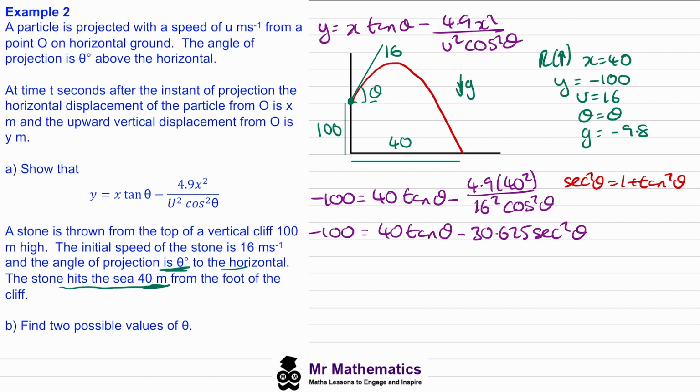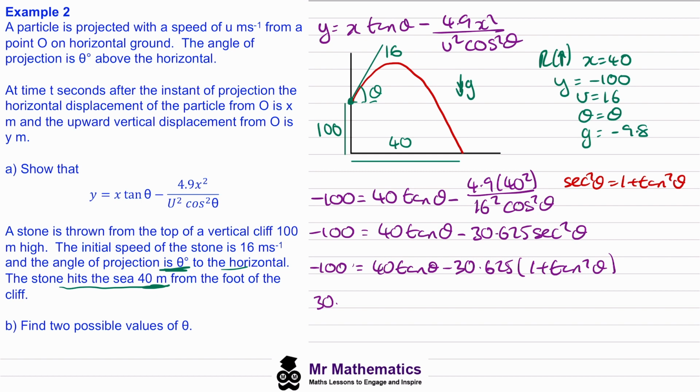And then I can substitute this in place of this. So then we've got a quadratic involving tan. So negative 100 will equal 40 tan theta minus 30.625 lots of 1 plus tan squared theta. So now we can expand out this bracket and we'll simplify the result.